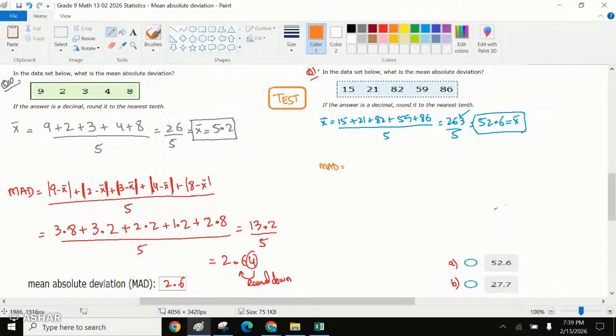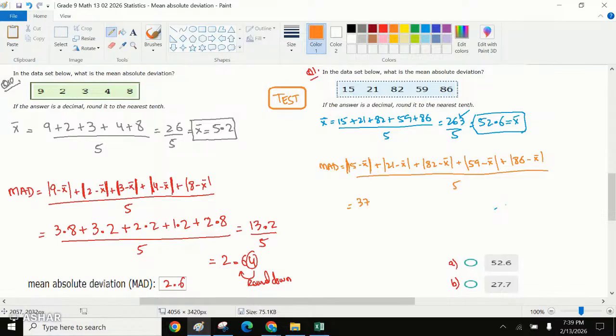So the mean absolute deviation would be 15 minus the mean, 21 minus the mean, 82 minus the mean, 59 minus the mean, and 86 minus mean, divided by 5. When you're doing it in the calculator and the answer comes out to be negative, simply multiply that number with a negative 1. 15 minus 52.6, it's negative, but we write it down as positive because of the absolute function.